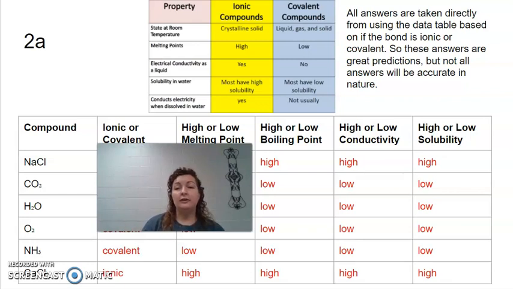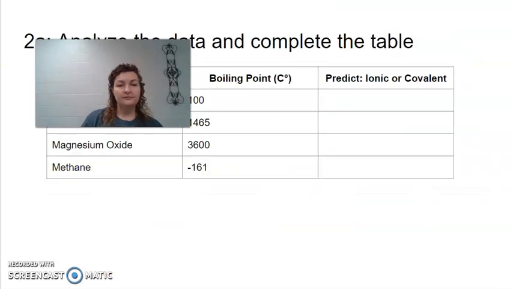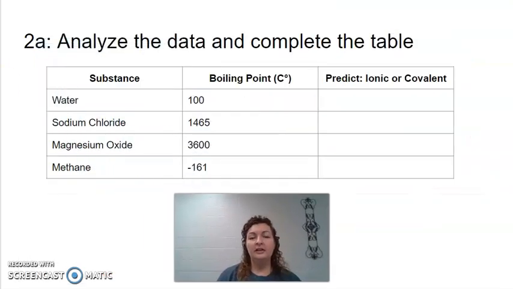So these answers are great predictions, but not all answers are accurate in nature. In other words, not every single one of these is going to be correct because of words like most and usually, okay? But they're a good way for us to come up with what we think would be a truthful statement.